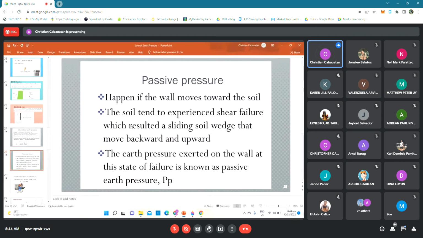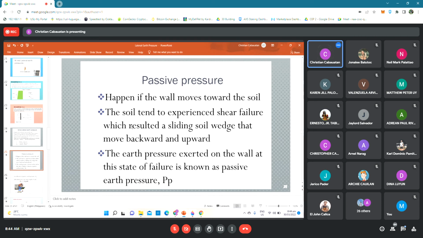Like when there is a negative, there is a positive. So for passive, it happens if the wall moves toward the soil, simply as the compression. It is simply as your compression.